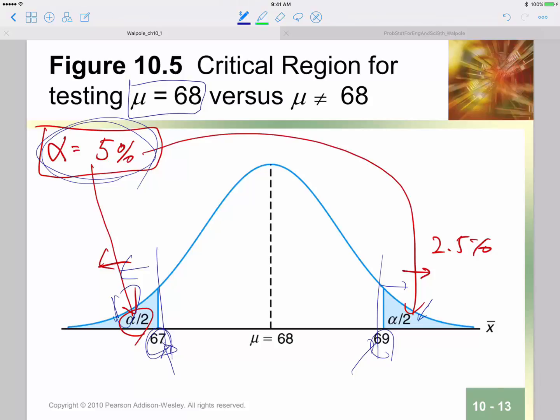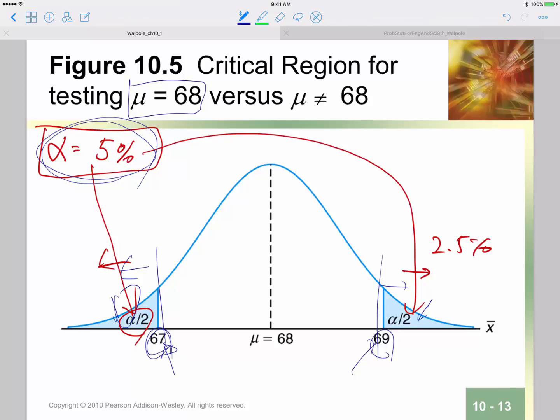If alpha is smaller, for example, your boss is allowing a smaller probability of wrongly rejecting the null hypothesis, and says, okay, I will only allow 1% of wrong rejection of the hypothesis, then this alpha value will be smaller.